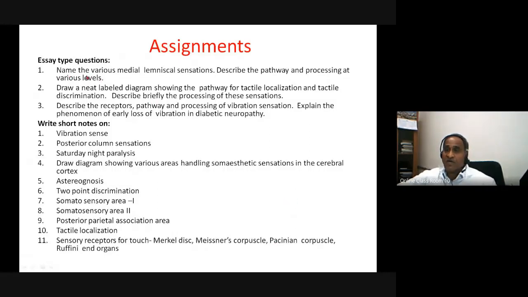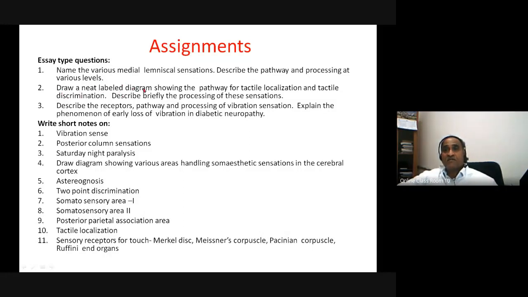Here, for your working: name the various medial lemniscal sensations or posterior column sensations. Describe the pathway and processing at various levels. I have dealt with it in a comprehensive manner.